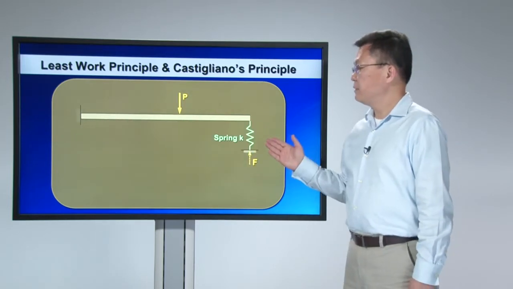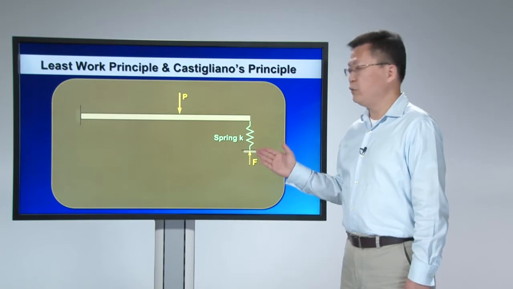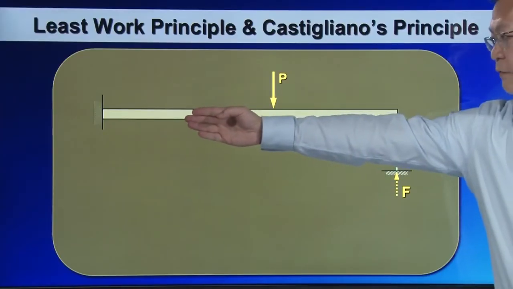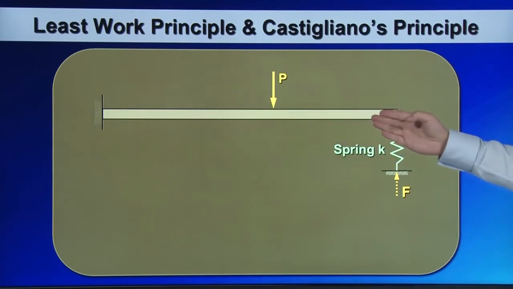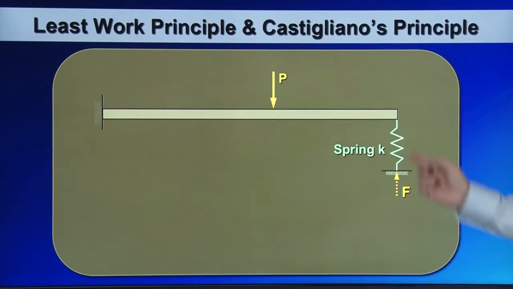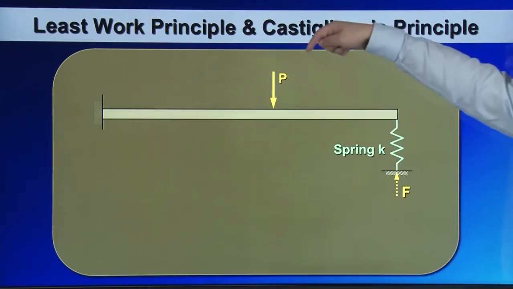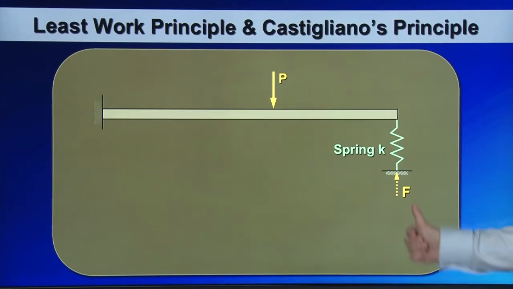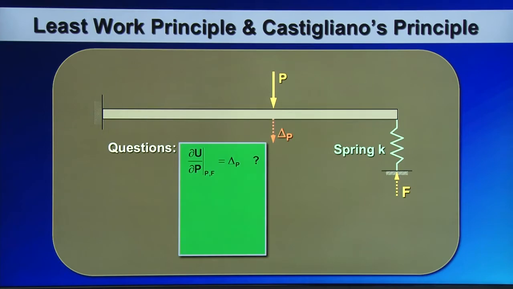Before I end this part, I want to leave you with some questions. Assuming that I give you a cantilever beam, but on the right-hand side, I connect it to a spring. I apply a concentrated force, P, and there is a reaction force coming from the spring, which I call F. I want you to think about the following questions.